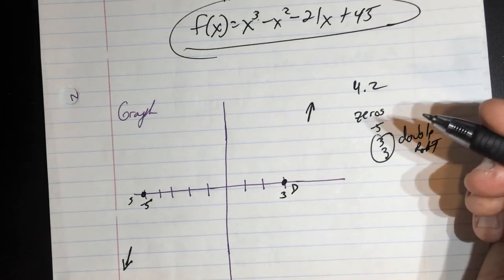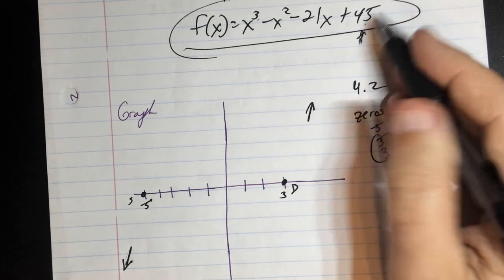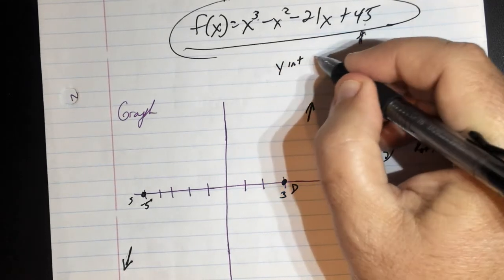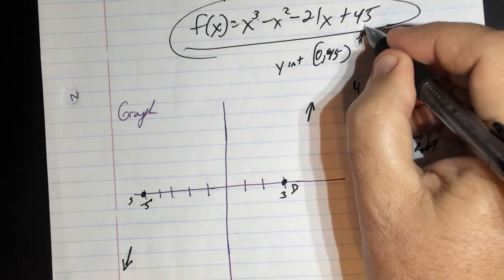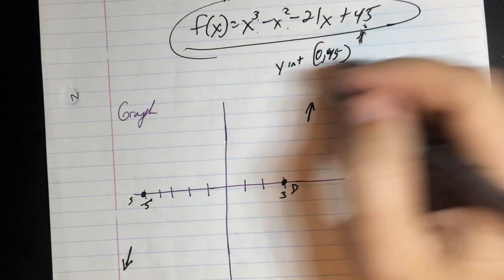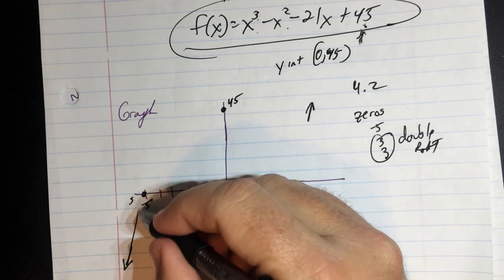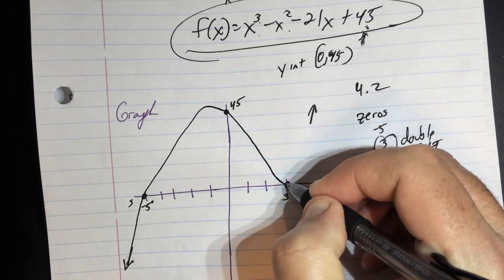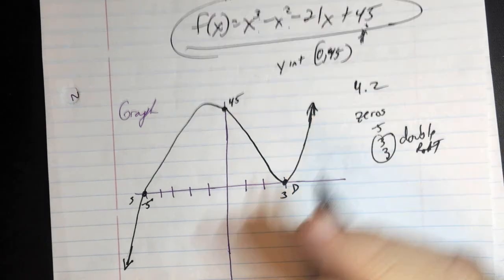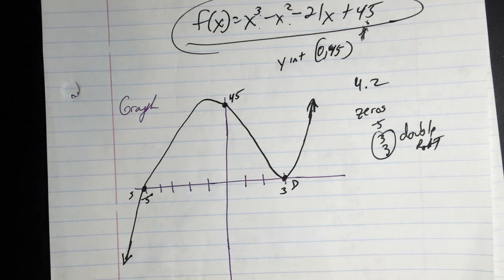Now, where's my y-intercept? It's going to be at 0, 45. It's always the constant. Put a 0 here, 0 here, 0 here, you're left with 45. So up here at 45 is my y-intercept. So this graph, being a single root, is going to go through the 45, come back, and bounce at 3. And if you wanted to see that in the graph, you'd probably have a hard time finding 45. You'd have to zoom out a bunch, but that's how you would deal with that problem.